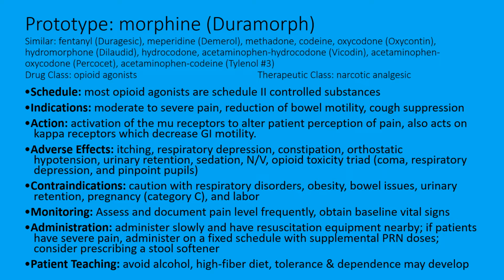And lastly, remember, we've been talking about pills, which most of these come in a pill form, except for fentanyl, which comes intravenously or as a transdermal patch. A lot of these come intravenously. The main ones that we use intravenously would be fentanyl, morphine, and hydromorphone, which is Dilaudid. In the patch form, it's really fentanyl, and it's applied for 3 days and then removed.